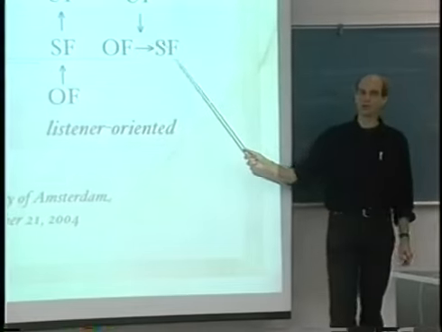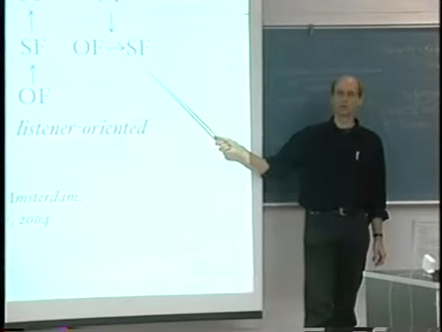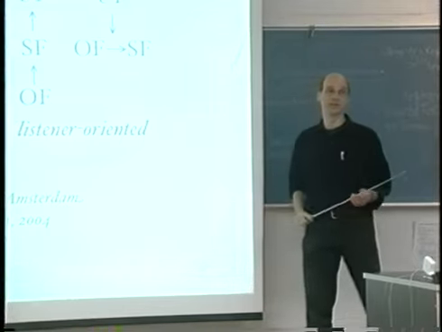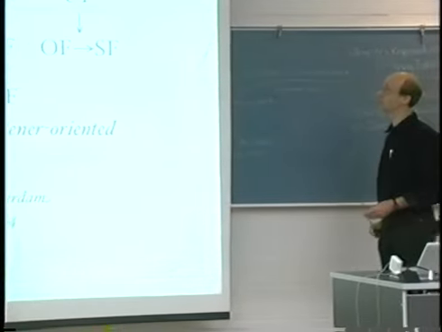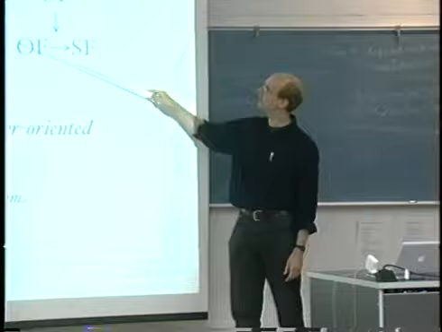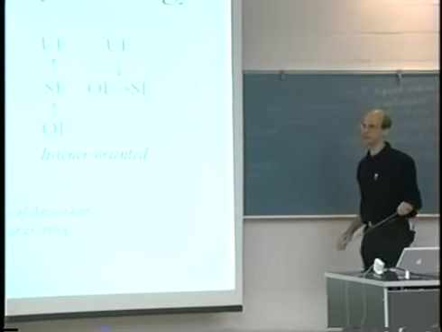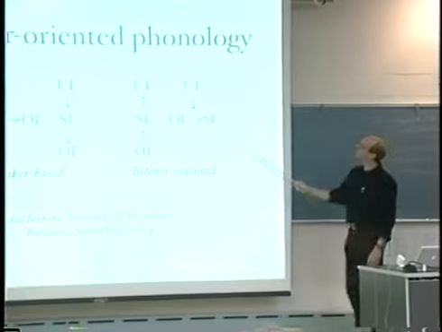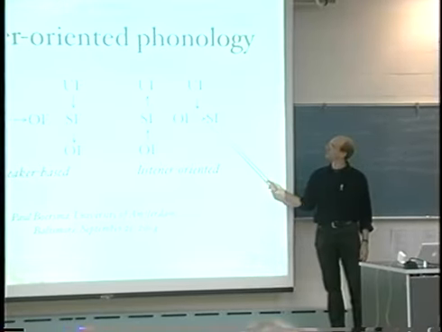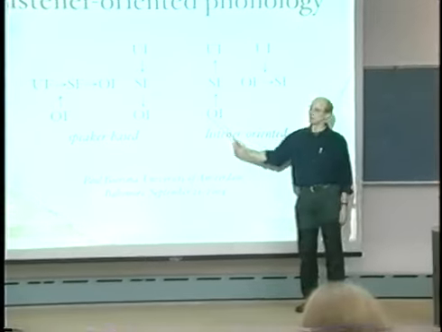And she will take into account the results of her view of the listener's perception. So I'll talk about this and find evidence in real language data that shows that in many cases this is more correct than this model.